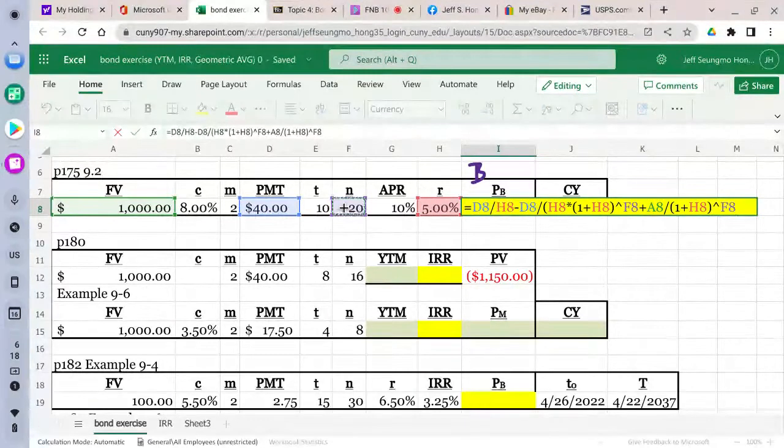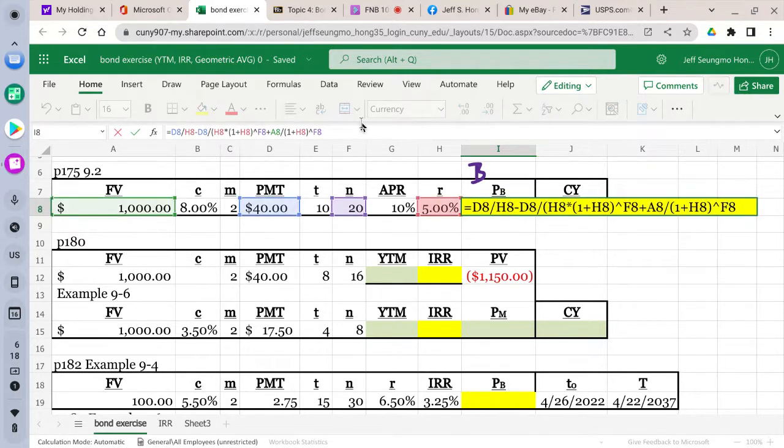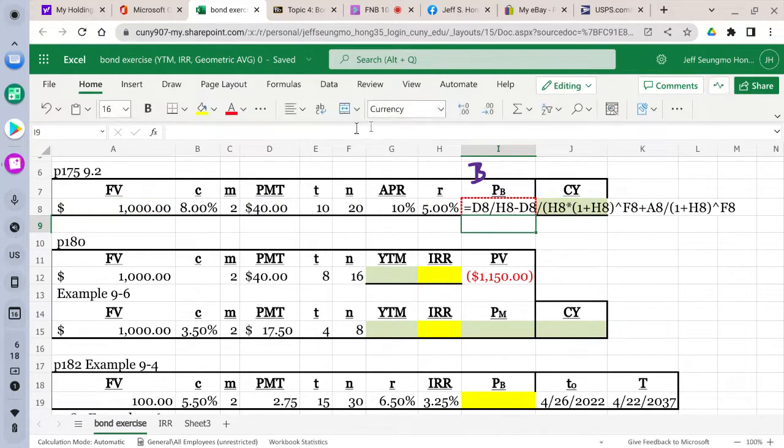Okay, and hit enter. We hit enter. What's going on? I hit enter. What happened? This is weird.